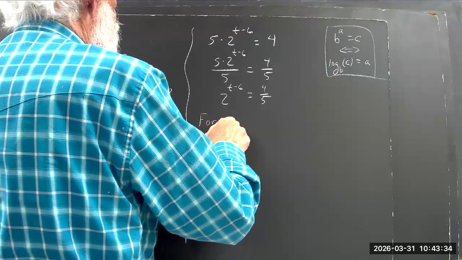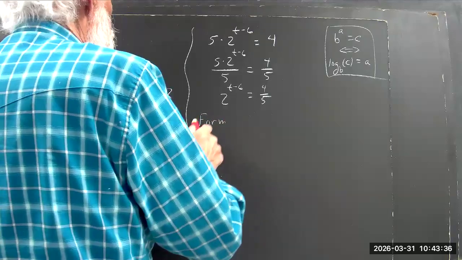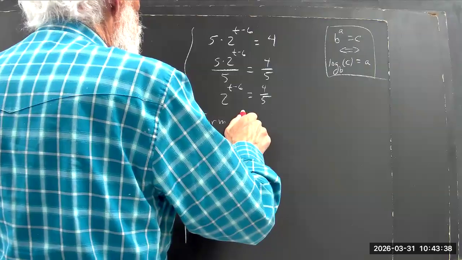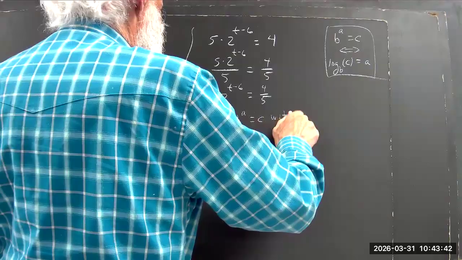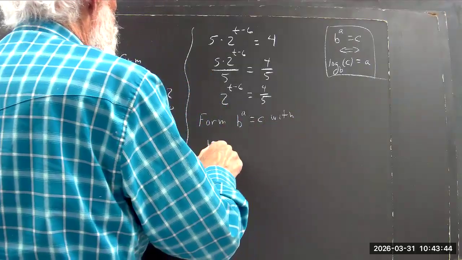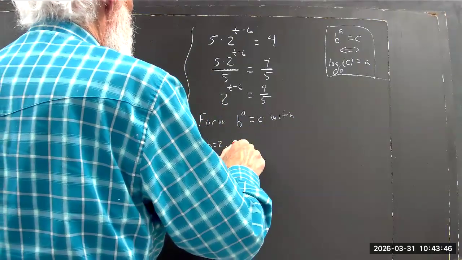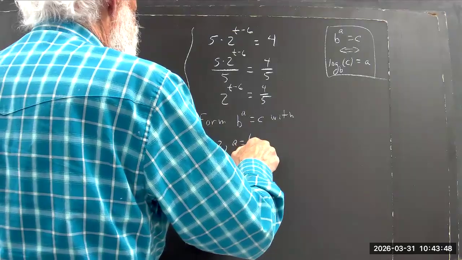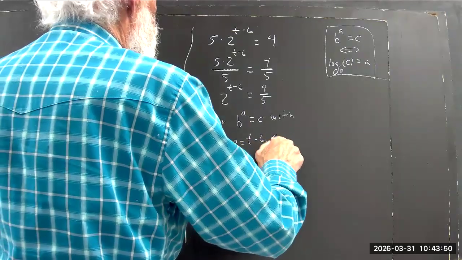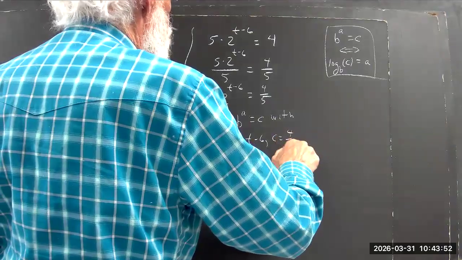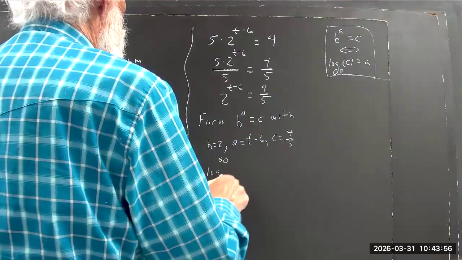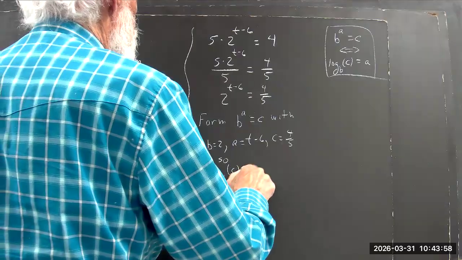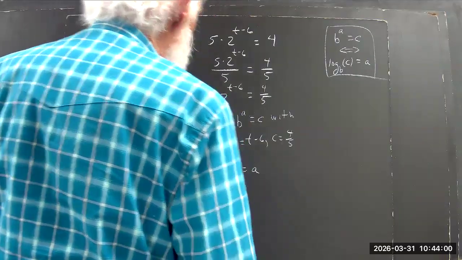I urge you to write this out. Write out this is the form b to the a equals c, with b equal to 2, a equal to t minus 6, c equals 4/5. So log base b of c equals a.